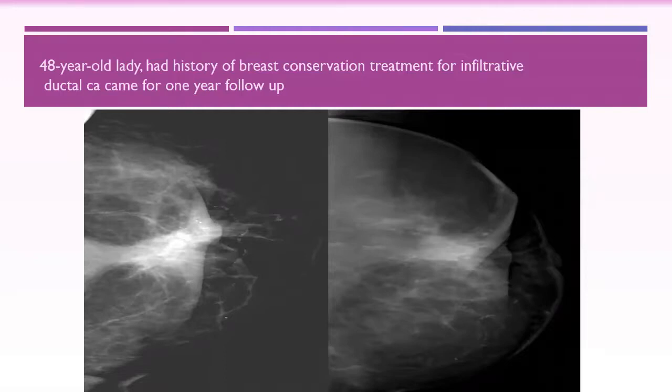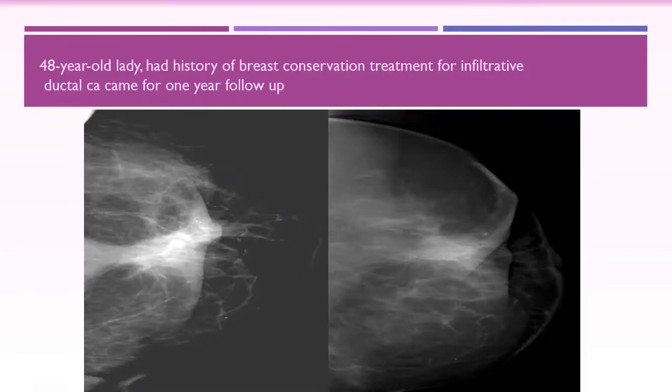She developed skin thickening. This is after surgery and radiotherapy, and this is one year later.